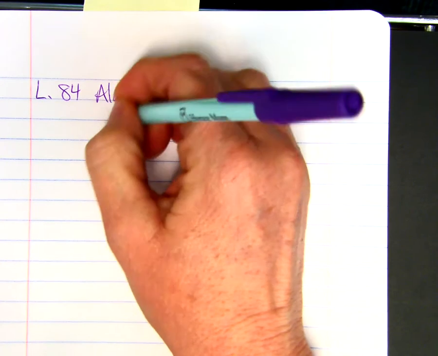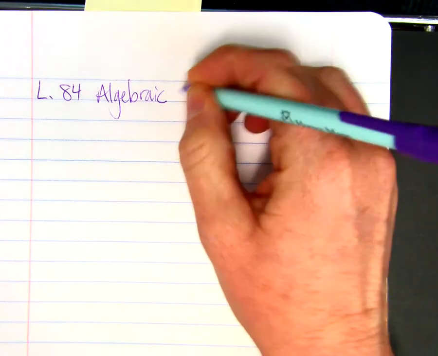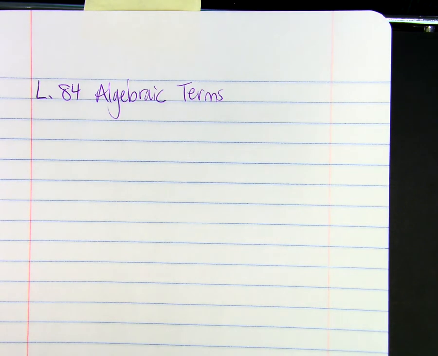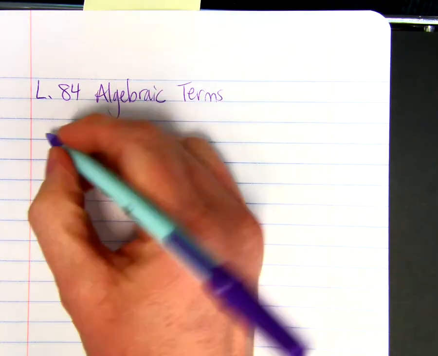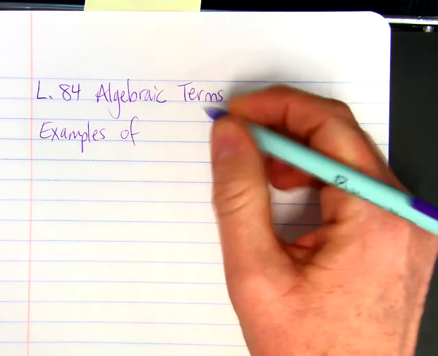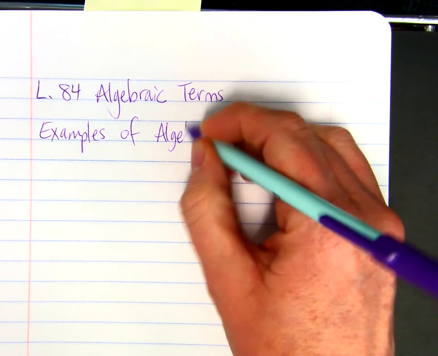Lesson 84, Algebraic Terms. So here are some examples of algebraic terms. Basically, they have variables in them.